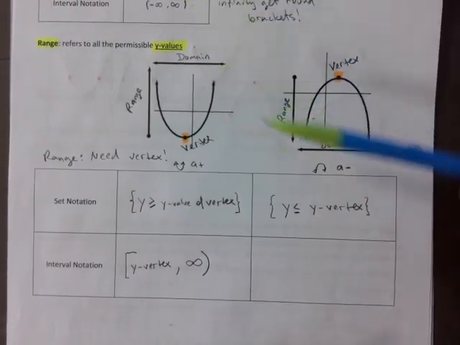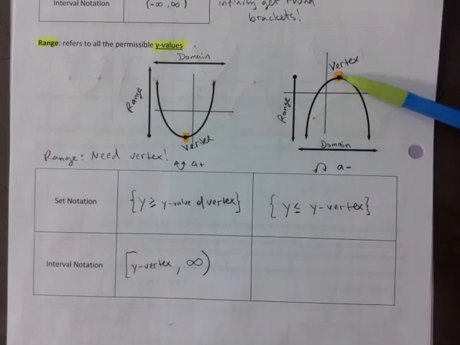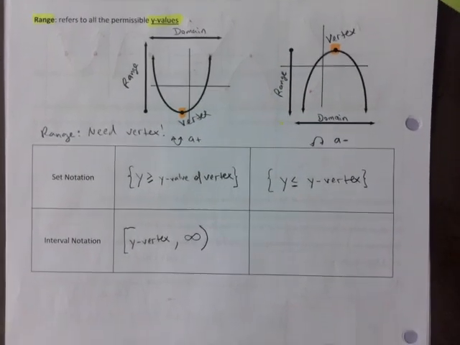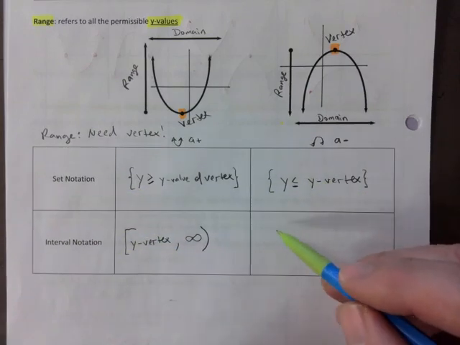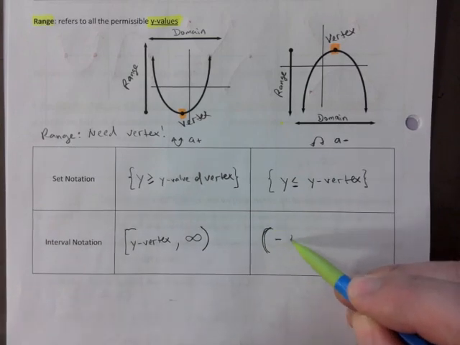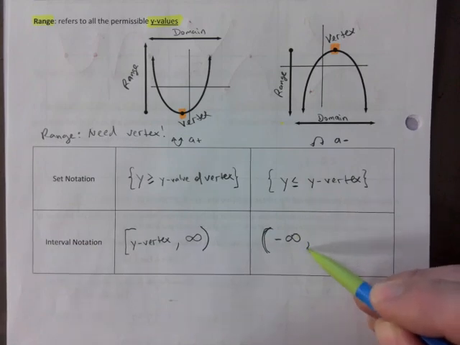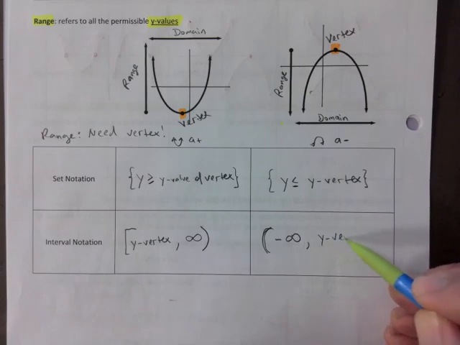But for range, there's going to be a stop either at the bottom or at the top. When it comes to interval notation for this one, it's different. It's going to go to negative infinity, and then it stops at the top, which is the y of the vertex.